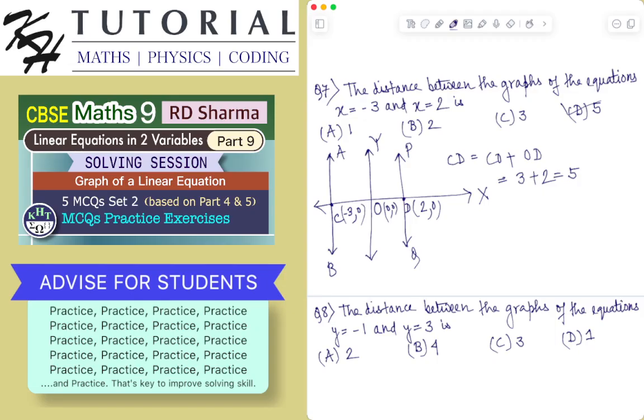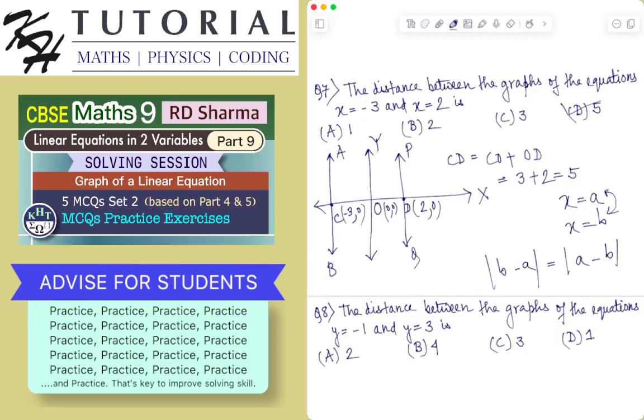In general, let's say you are asked what is the distance between the graphs of the equations x equals A and x equals B. It will be the mod of the difference of A and B, that is mod of A minus B or mod of B minus A. You just take the difference of these two, either A minus B or B minus A, and take the mod.